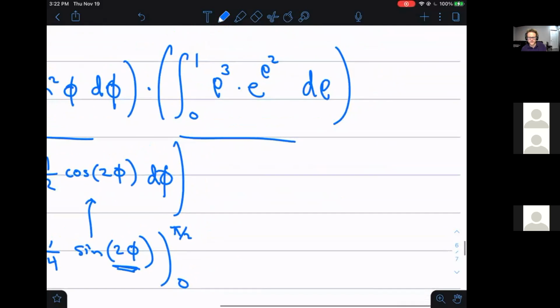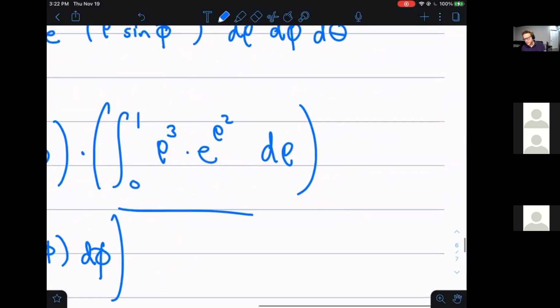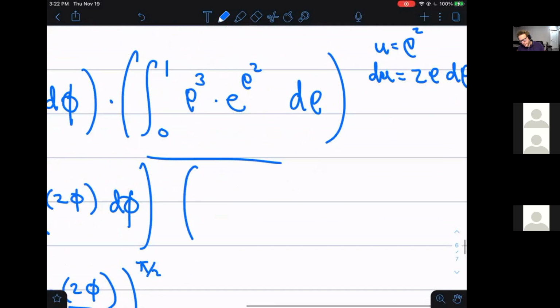And of course, I've saved the hardest one for last here. This one, you can start off with a u substitution, where u is equal to your inside function. du is going to be equal to 2 rho d rho. And so this ends up being the integral of e to the u.